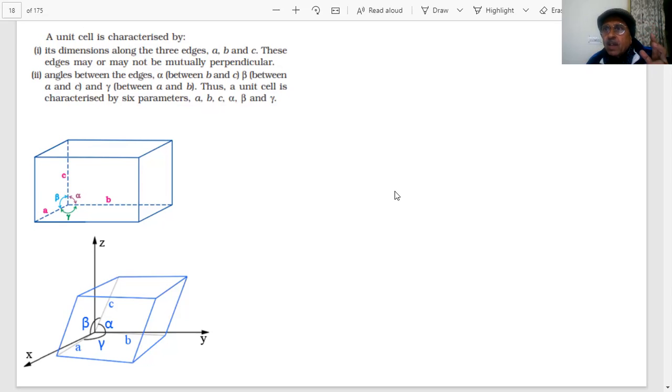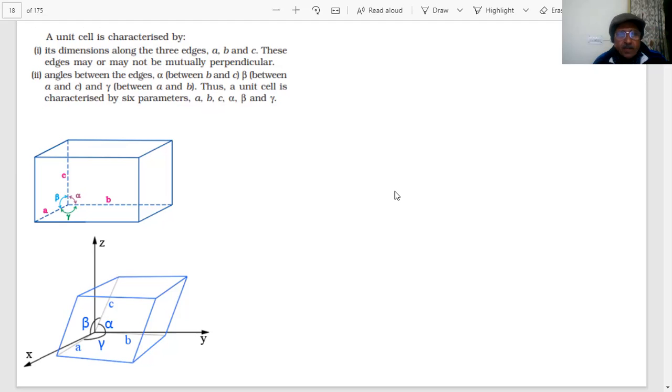When there is variation in these parameters, we get different unit cells. That's what we said, and we have shown you what a, b, c are and where the angles alpha, beta, and gamma are.